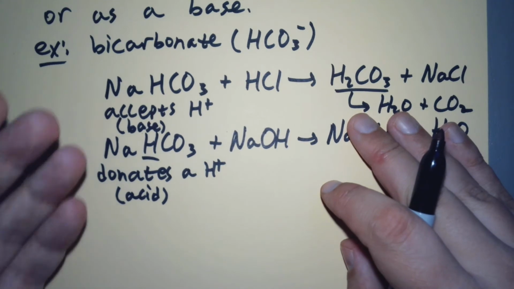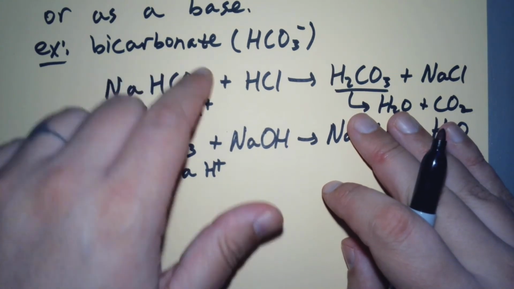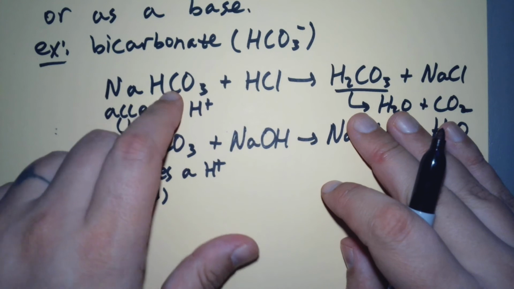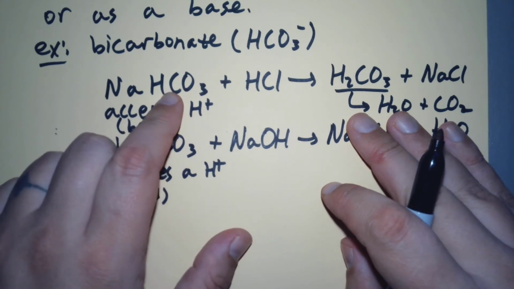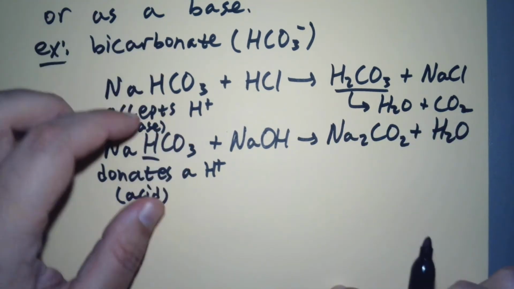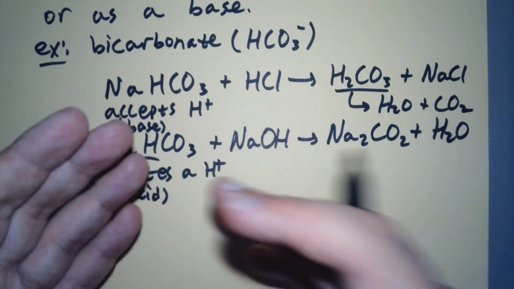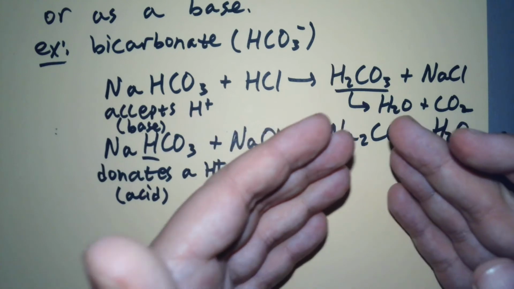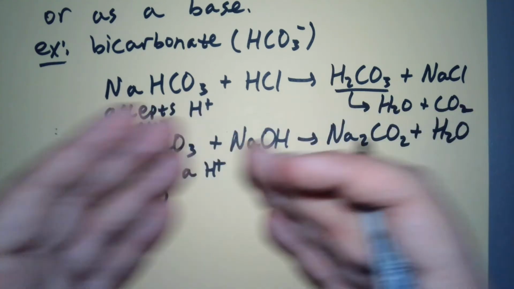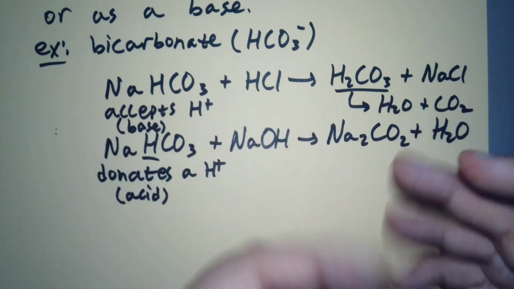If you ever do pool chemistry, your total alkalinity has to do with how much bicarbonate is floating around in your pool. And because it can act as an acid or a base, that's really key to buffering. Having a nice amount of total alkalinity helps your pool resist big swings in pH.